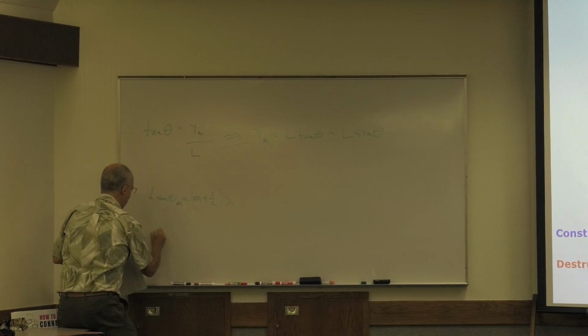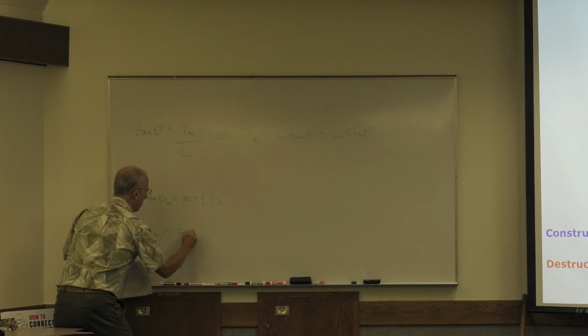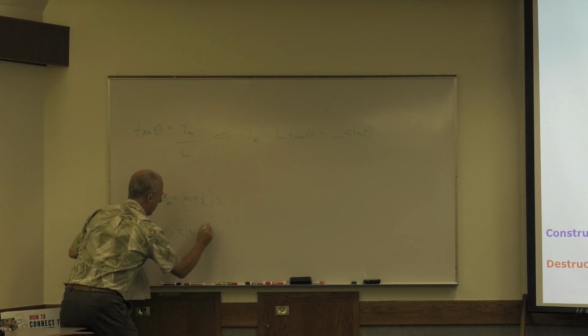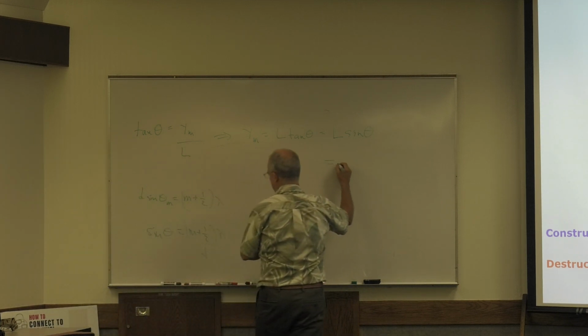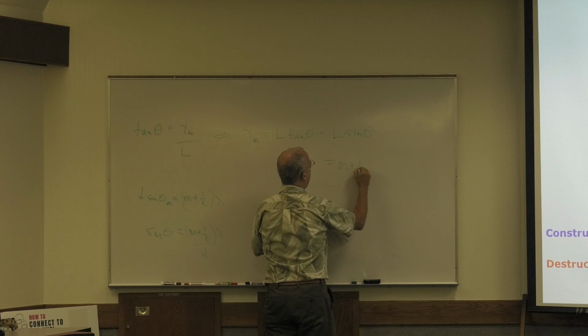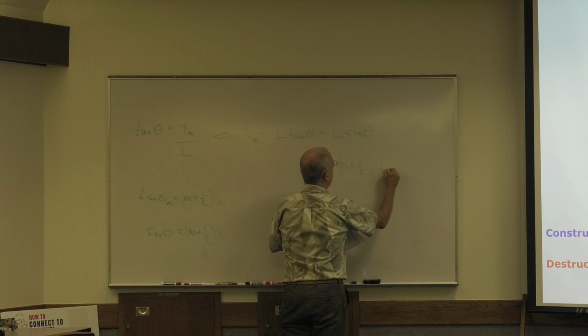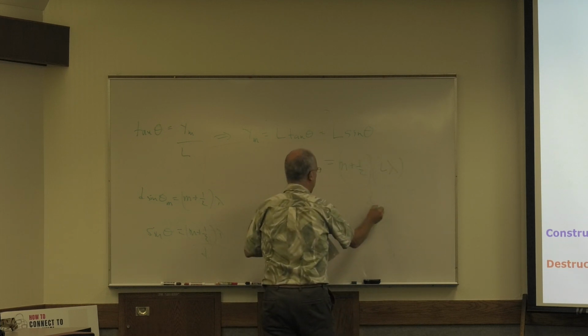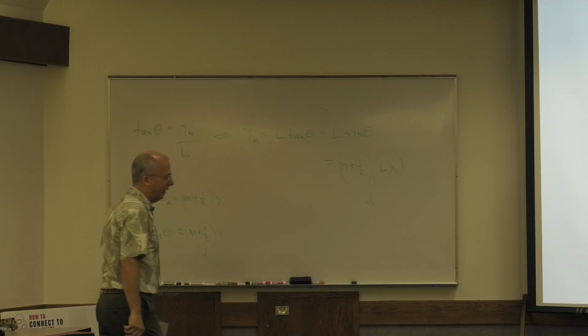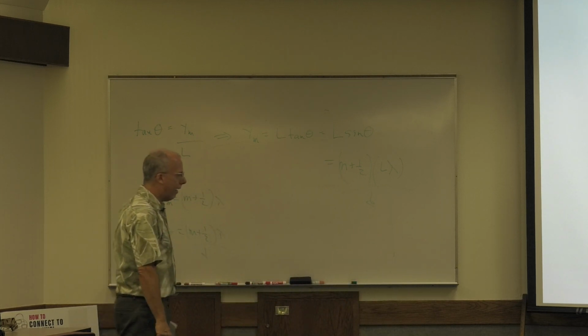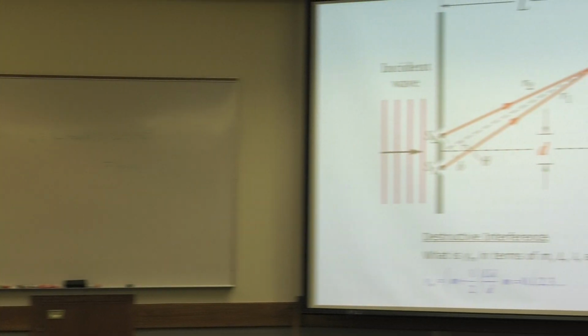So therefore, sine theta equals m plus a half lambda over d. So you just substitute it, and you're going to get m plus a half lambda times L over d. So there it is: m plus a half lambda L divided by d.